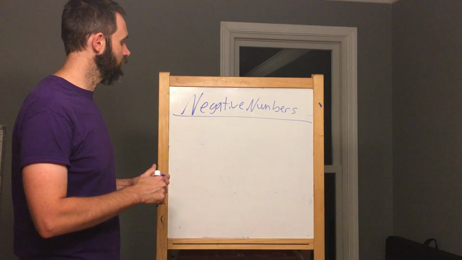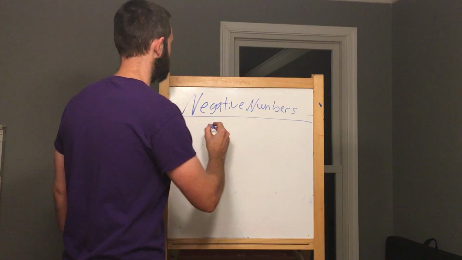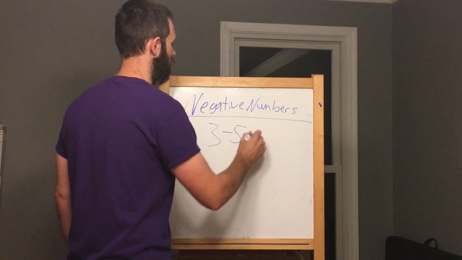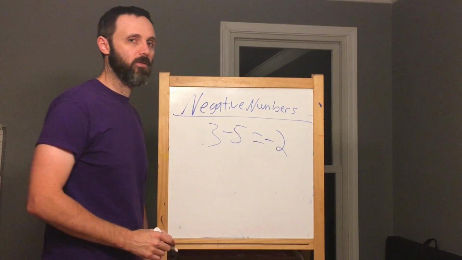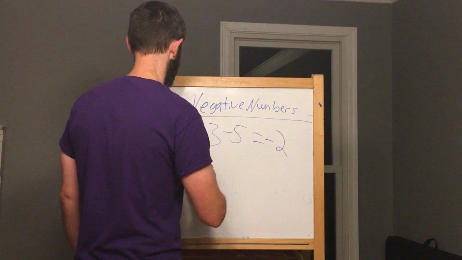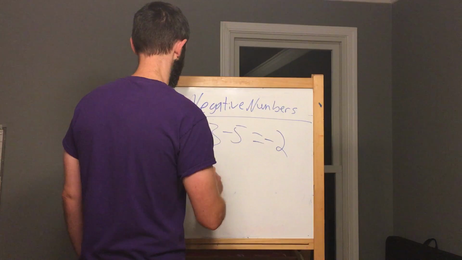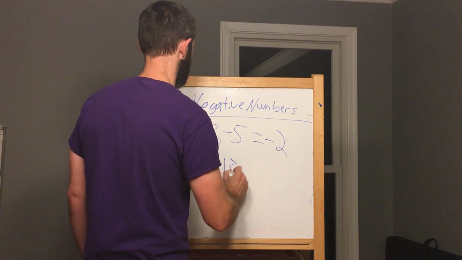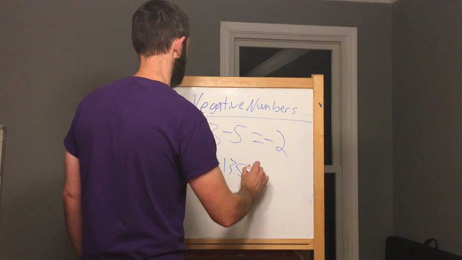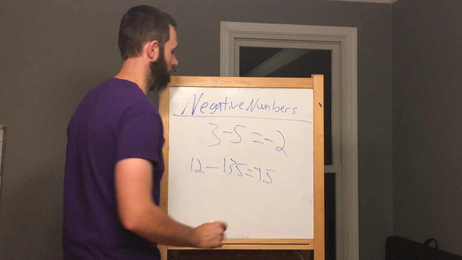So when you do these negative numbers, you've got something simple. 3 minus 5, you should just think immediately that's negative 2. All right? If you've got something like 12 minus 13.5, it should immediately come to you, this is negative 1.5.